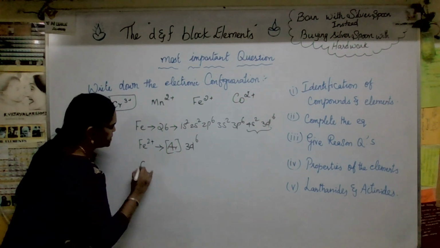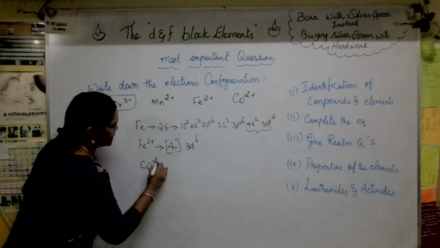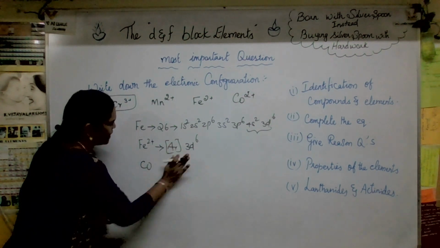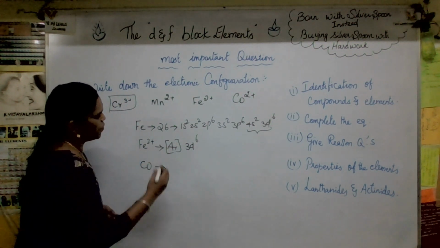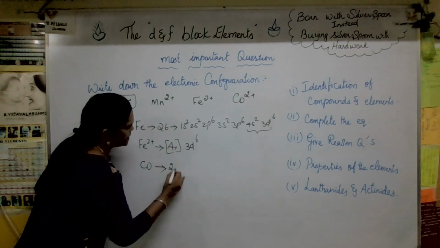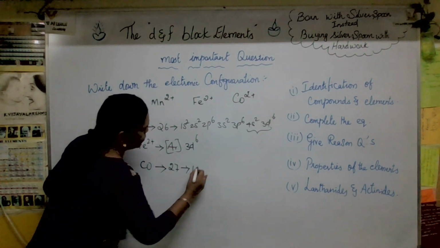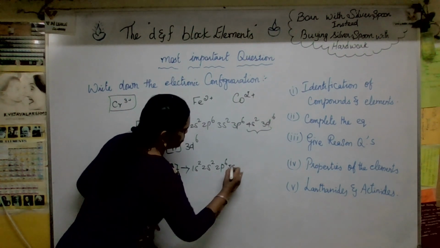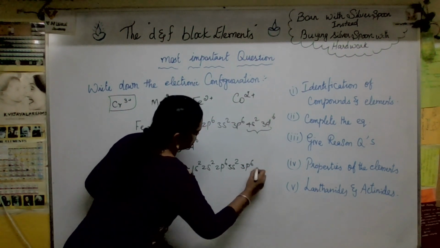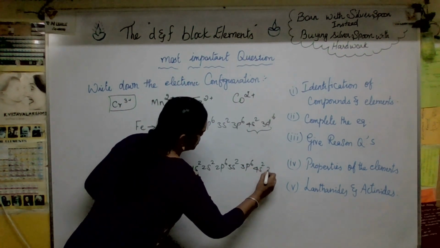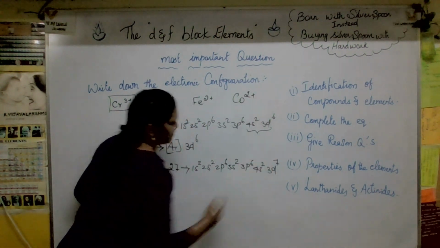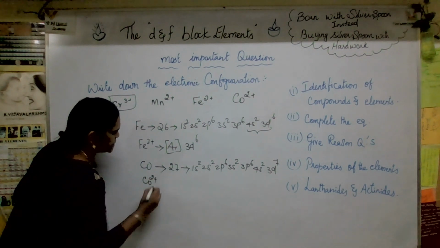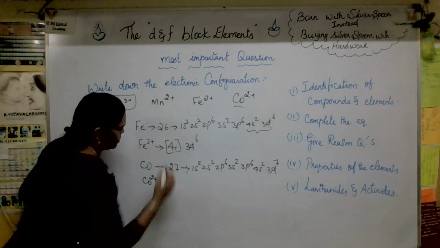The next one, Co2+. First and foremost, we go for the element, then the ion. Co, atomic number 27: 1s2, 2s2, 2p6, 3s2, 3p6, 4s2, 3d7. Now Co2+.